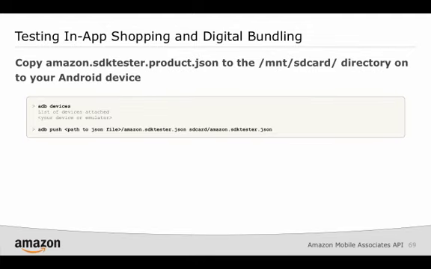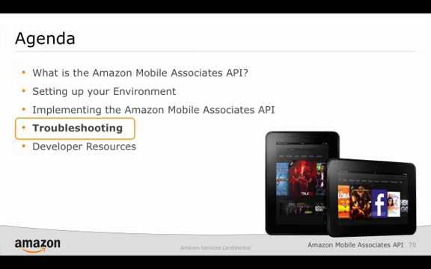To configure the Amazon App Tester to read this JSON file, copy the file to your device or emulator SD card directory with the name amazon.sdktester.product.json, and you will be ready to begin testing the in-app shopping and digital bundling purchase experiences.